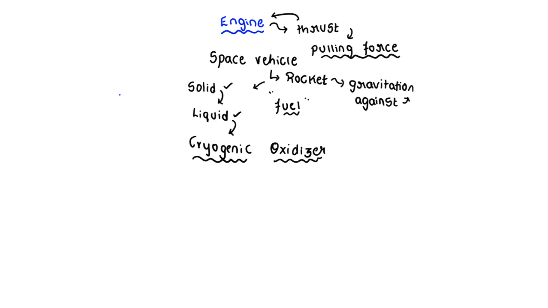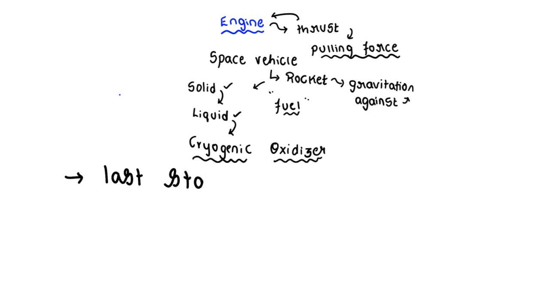So what is a cryogenic engine or cryogenic stage? That we generally refer to in space rocketry. Clear? Actually the cryogenic stage places itself in the last stage of the vehicle. Clear?